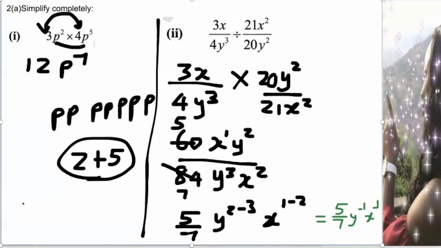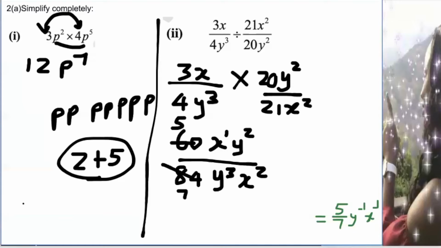But there's more than one way to do this, because we could have done this without applying laws of indices. Suppose you don't remember the laws of indices, then there's another way that we can do it. We're still going to have the simplification 5 over 7, but we are just going to do some cancellation. x can be cancelled here, so I'm just left with x in the denominator. y squared can be cancelled, so in the denominator I'm just left with y.